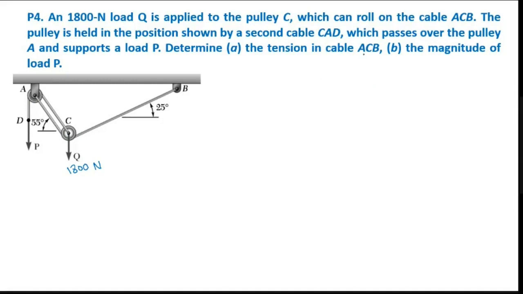Now they are asking you to determine the tension in cable ACB and the magnitude of the force P, how much you have to apply to lift your 1800 Newton. Which one will you consider as the free body diagram? How many free body diagrams?